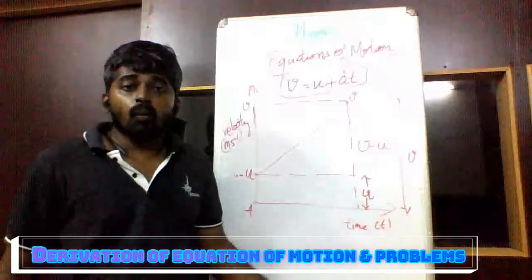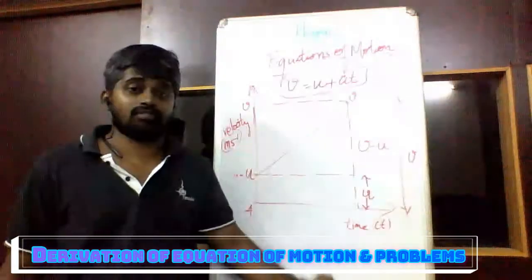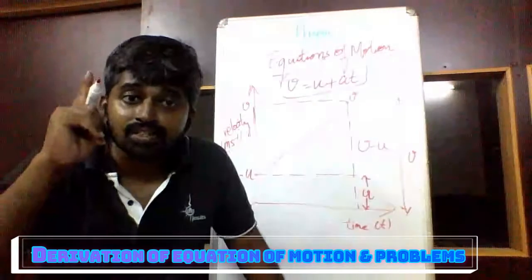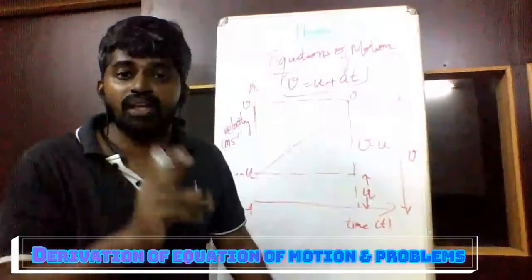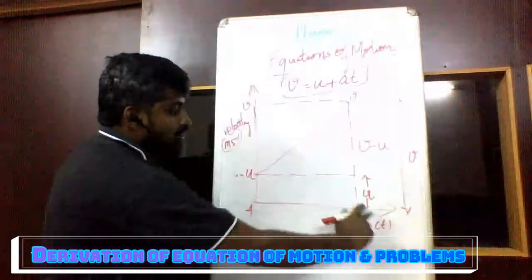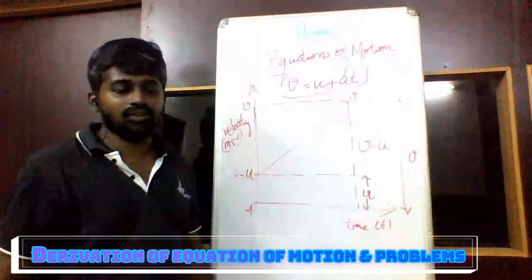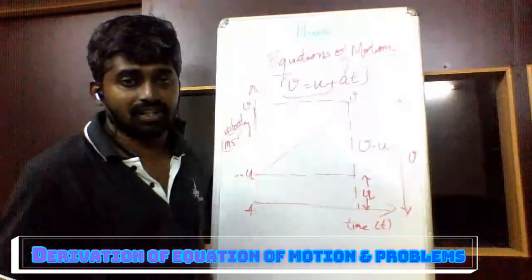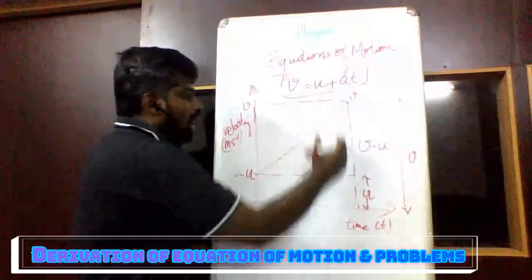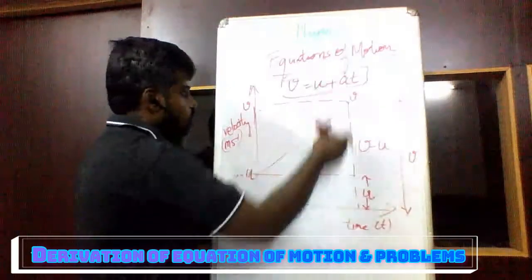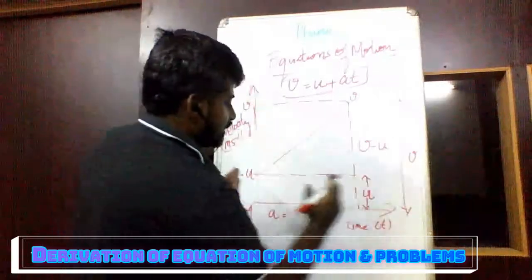Now, what is the slope of this curve? For the distance time graph, the slope of that curve is speed. For the velocity time graph, the slope of this curve is acceleration. Acceleration is equal to y by x. This is y, this is x.